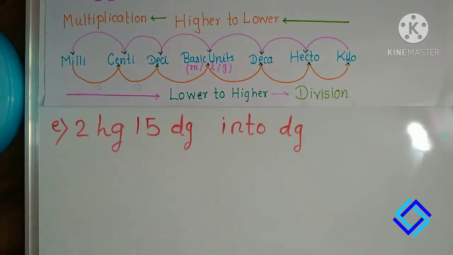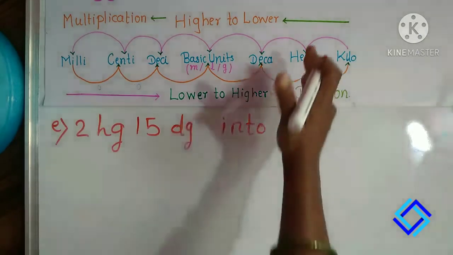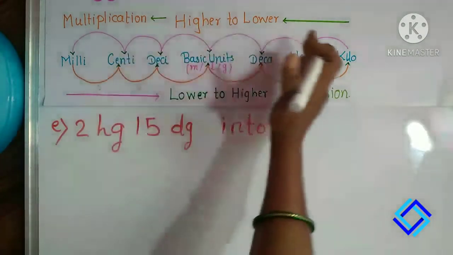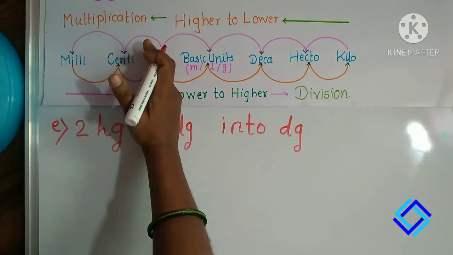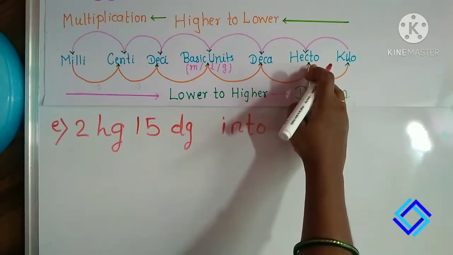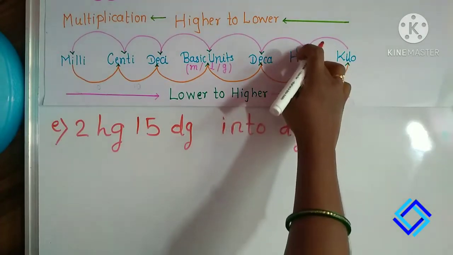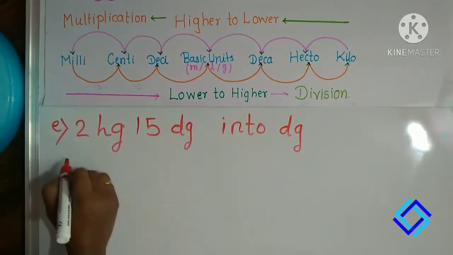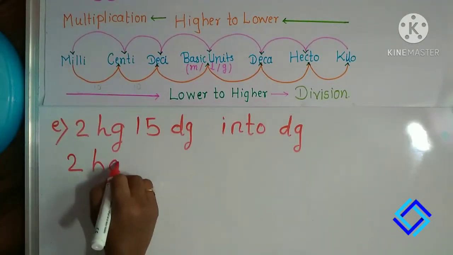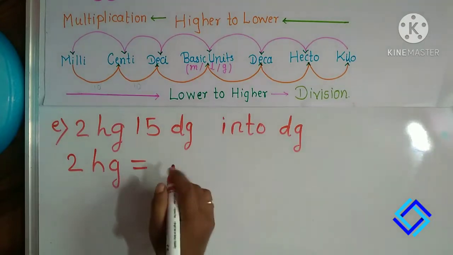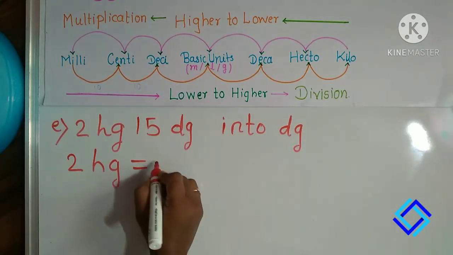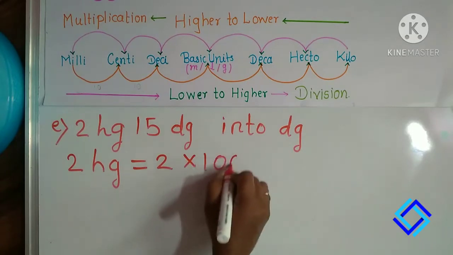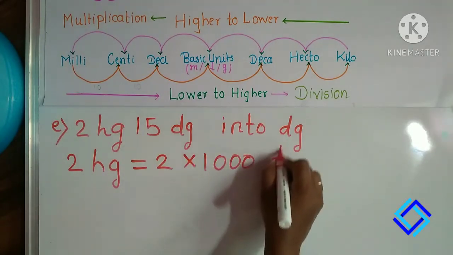Example, 2 hectogram 15 decigram into decigram. We have to convert from hectogram to decigram. Hectogram to decigram. Higher to lower unit. So we have to multiply. There are 1, 2 and 3 steps. So we have to multiply by 1000. So we'll convert 2 Hg into decigram. So 2 multiplied by 1000 decigram.